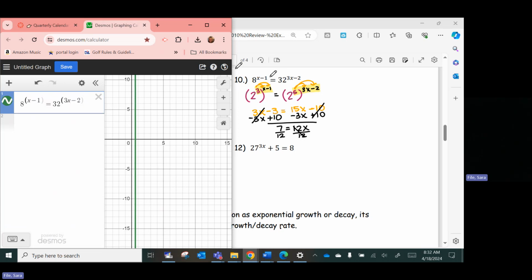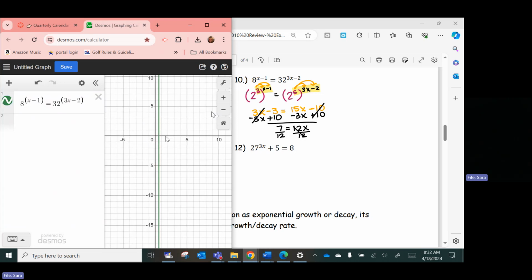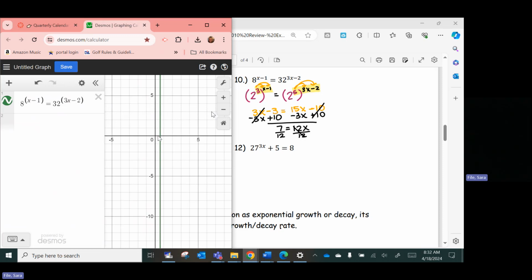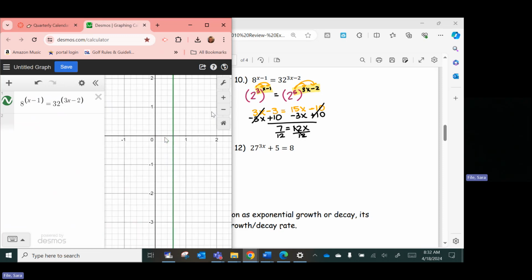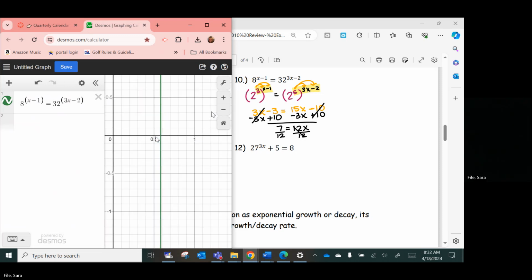And if you look on your graph, a vertical line is going to appear, and where that vertical line crosses the x-axis, that is your solution.